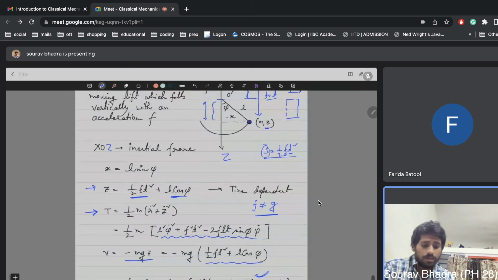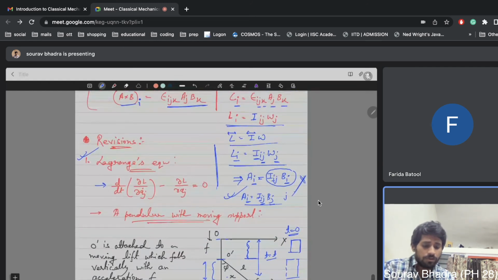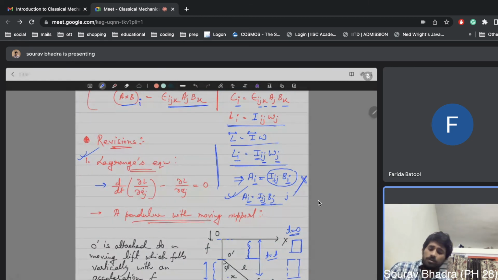As well, I will also do some problems related to the new topics which have been taught in the class. So I think I will stop here, and if anyone has any question, you can ask.